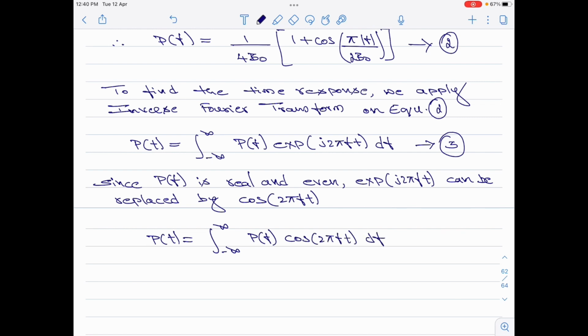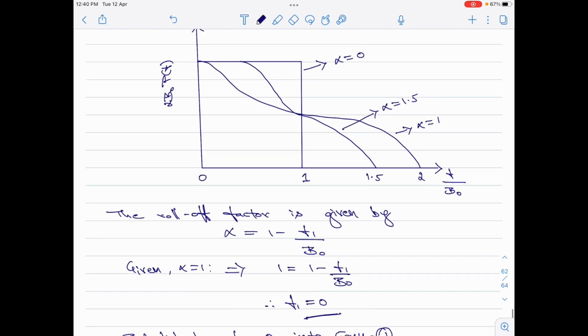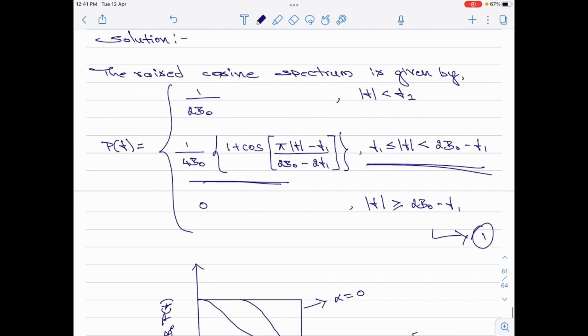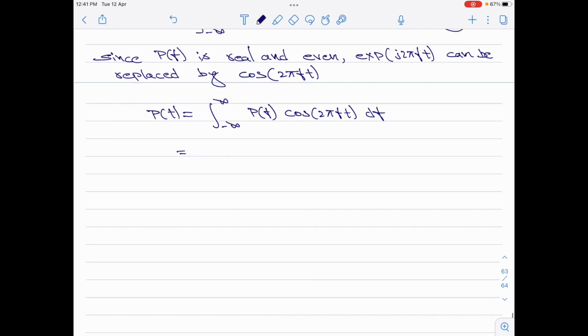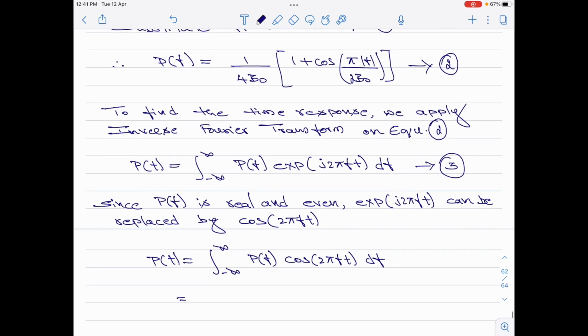let me now substitute P of f, which is as per equation 2. However, when you come back to the original equation, you will note that this is defined over f1 to 2b naught minus f1. So, the overall bandwidth of this is supposed to be minus 2b naught to plus 2b naught. So, when I come back to the equation, I will start by changing the integral limits and replacing the value of P of f by the equation 2 RHS here.